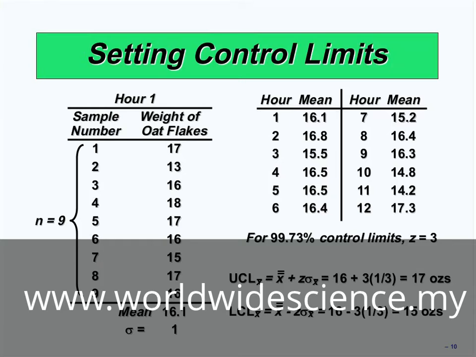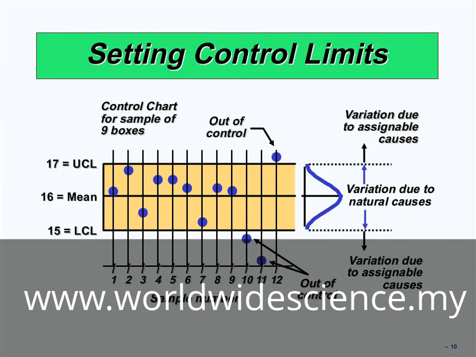Hour 2, 16.8. You should bring this number to this chart. Hour 1 on the horizontal axis is 16.1, which has been determined by a blue spot. Hour 2, 16.8, is near 17, as you see.